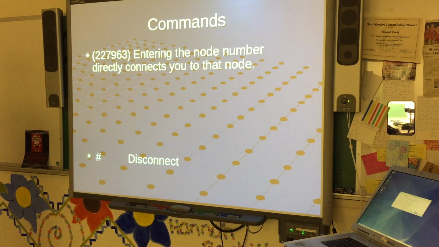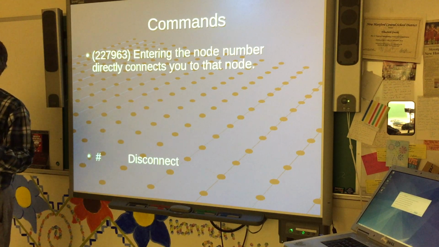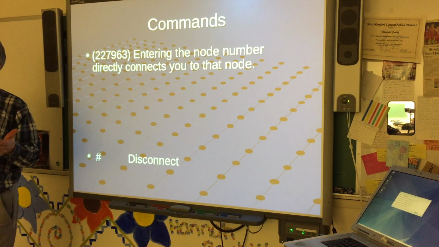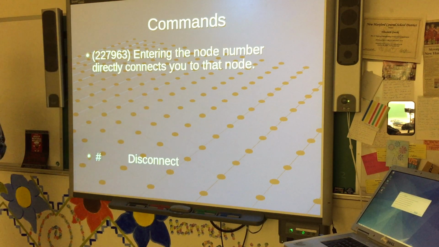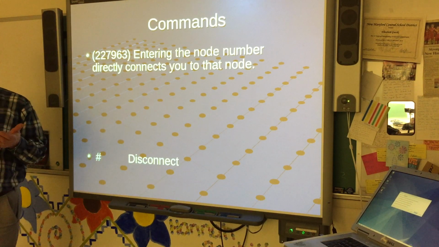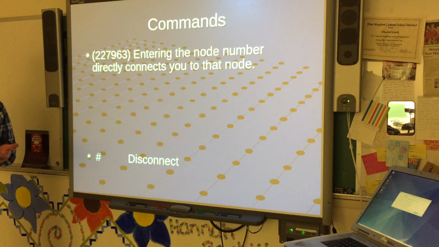Using the touch-tone keypad on your microphone, on the 147.24 repeater, if you know the node number that you want to connect to, you simply punch that node number in. When the system recognizes that node number, it will say connecting to the call sign, and then when it connects, it'll say connected. Then you just talk.